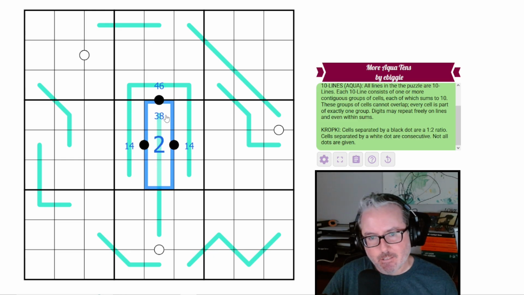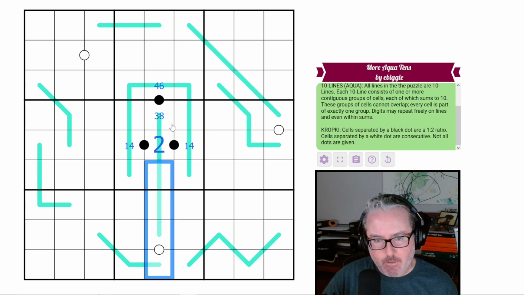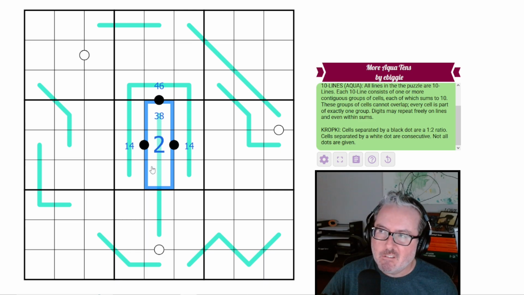Because we don't know the divisions of the 10 lines to really get into it. Because this could be 2 and 3, or 3 and 2. Can it be, let's think about that further then, maybe.